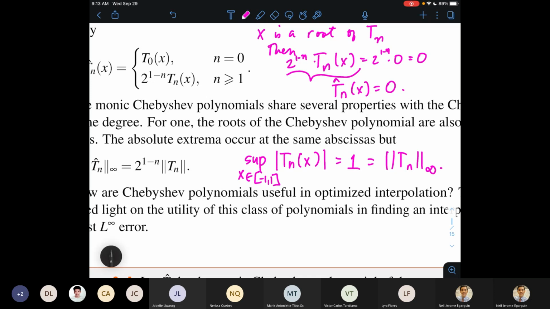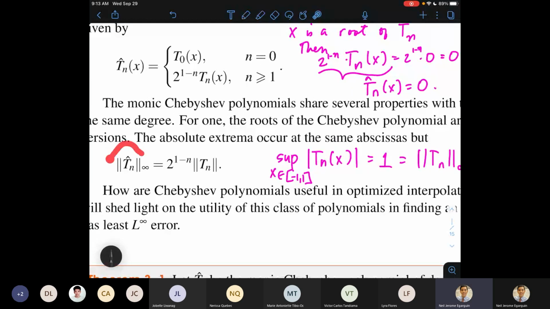Okay. Now, pag kinuha natin yung L infinity norm ng T hat sub n, ibig sabihin yung constant multiplier dun sa T sub n, lalabas lang siya ng pagkuha nung L infinity norm. Sorry, may typo doon, nawala yung sub-infinity.